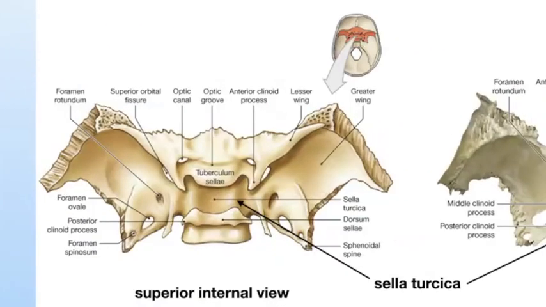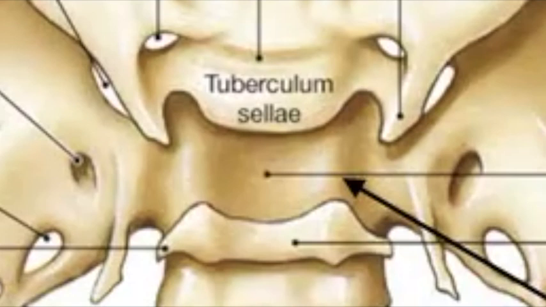Okay, now we're on the other side of the sphenoid bone. So, again, thinking of a soup bowl, we're inside the part that would have the soup in it. So, the inner surface of the sphenoid bone contains a bony depression called the sella turcica that surrounds and protects the pituitary gland.